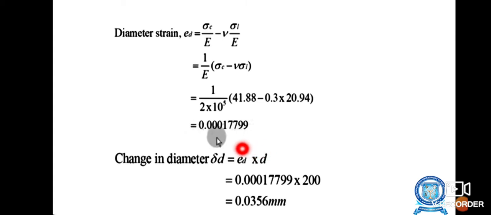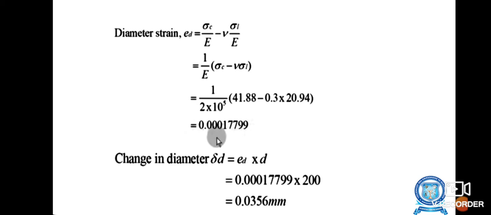We know the strain value and diameter value, so we apply those values in this equation: 0.00017799 into diameter. Diameter value is 200. So we got the answer for change in diameter: 0.0356 millimeter. That is the change in diameter of the cylinder.